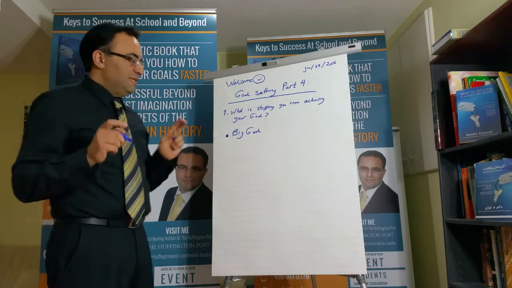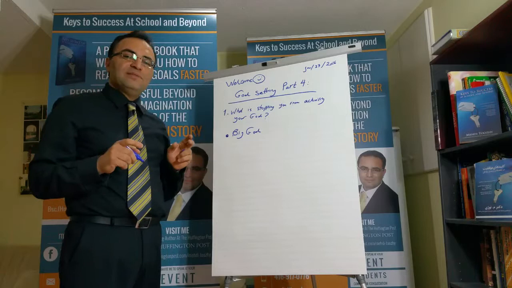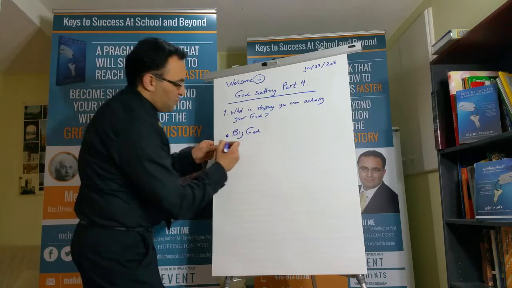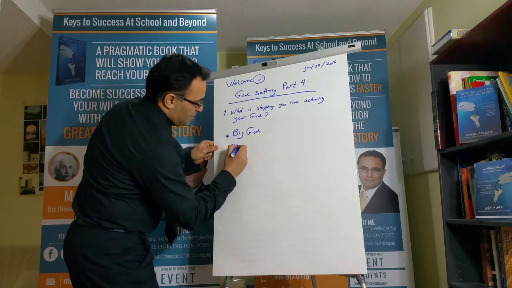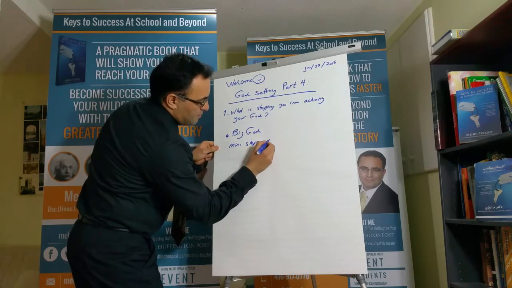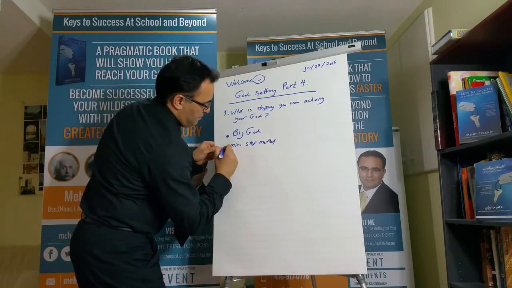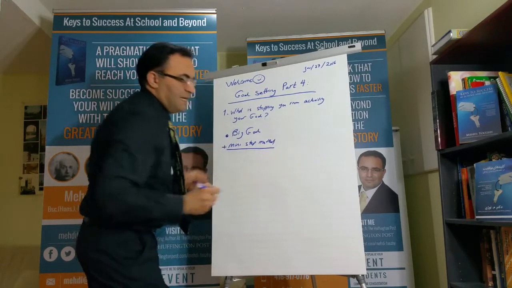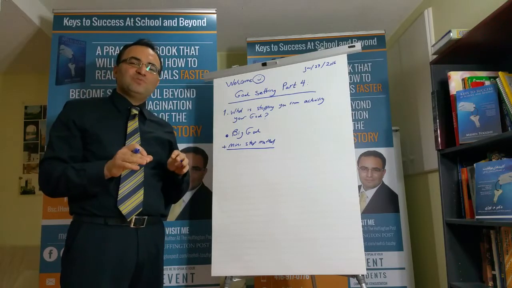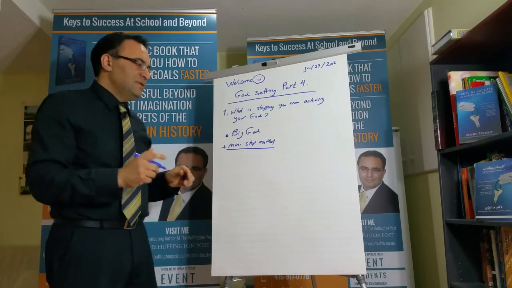And what we can do about it is to use the so-called mini step method to get to your goal. And that is to break big goals into smaller goals, more manageable steps.